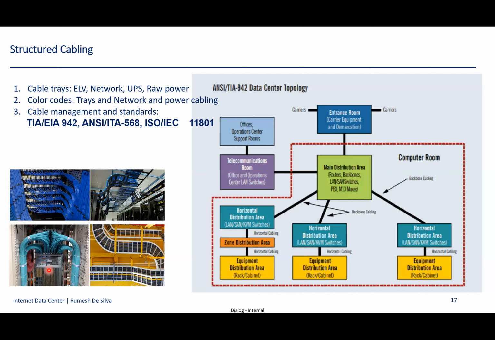The direction should be cool aisle to hot aisle. In a closed containment data center, the cool aisle is the front interface and the hot aisle is the rear interface.